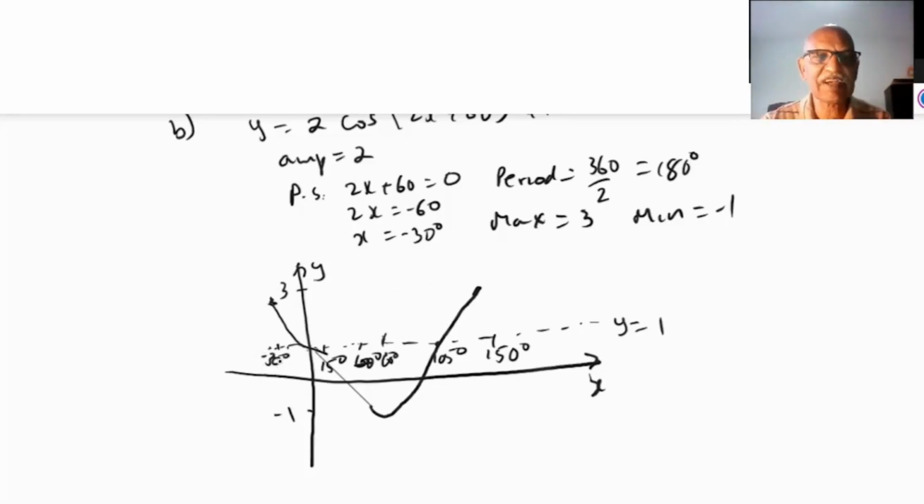These are the 5 points: negative 30, 15, 60, 105, 150. In exactly the same way, we start from the maximum because the cosine graph starts from the maximum. The range is always between negative 1 and 3: negative 1 is less than or equal to y, less than or equal to 3. Hopefully this explains it. We need more practice to do this kind of question.